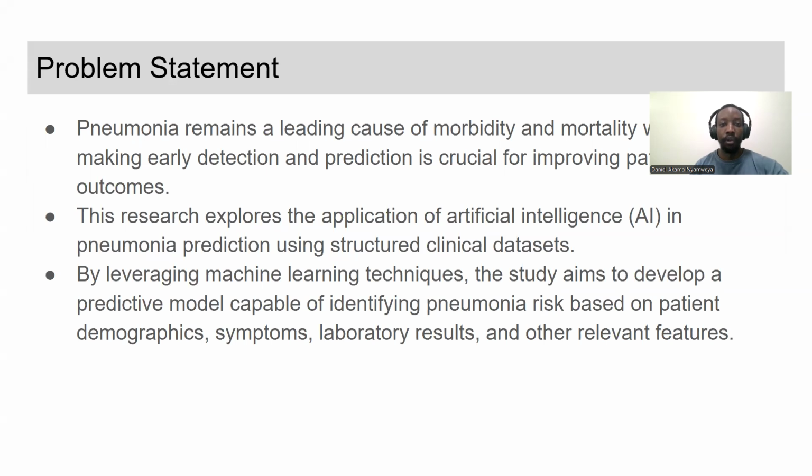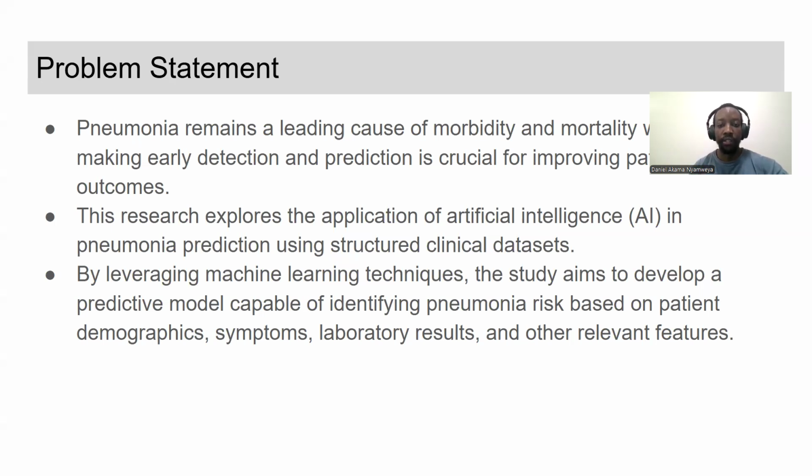Let's dive right into the problem statement. Pneumonia, as you all know, remains one of the leading causes of illness and death worldwide, especially in vulnerable locations and populations. Early detection remains key when it comes to improving outcomes.